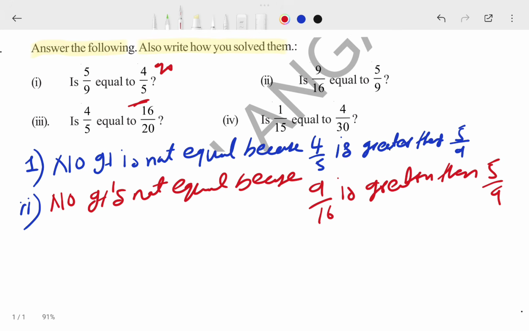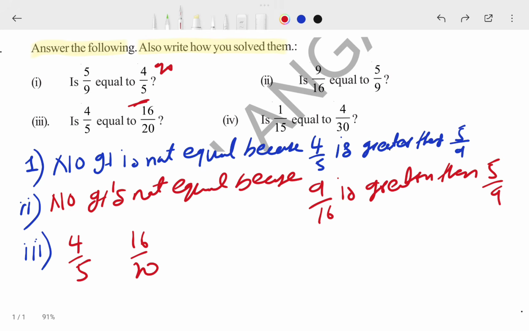Now let's talk about the third one. This question is given 4 by 5 and 16 by 20. You will think, sir, this is 5, this is 20, this is 4, this is 16, they are not equal. Yes, it looks like that, but can we cut them down?